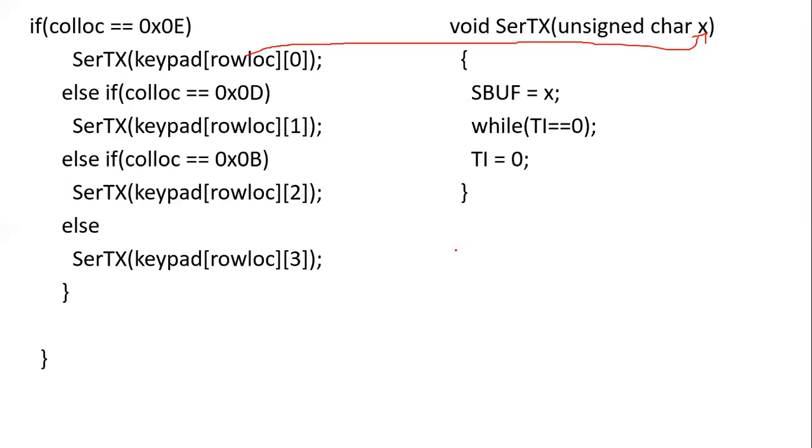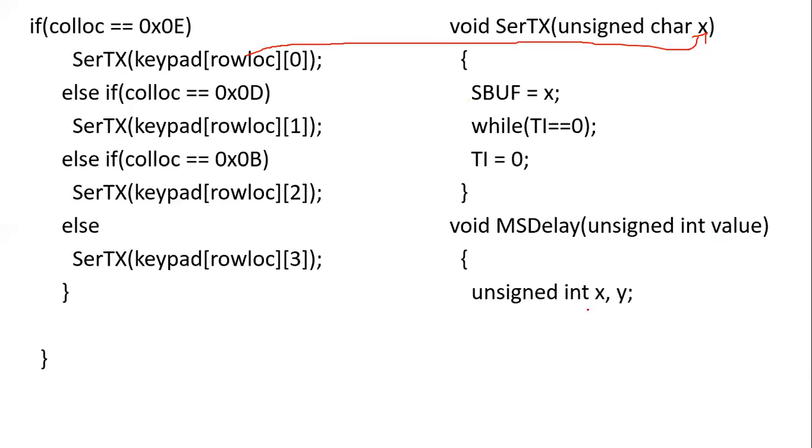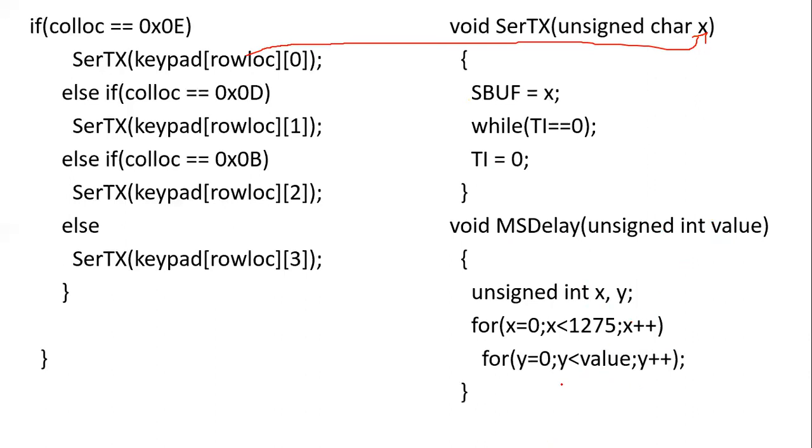Then one more subroutine we have used. What is the subroutine? Yes, very good. That is a delay generation subroutine. In the delay generation subroutine, we have named the subroutine MSdelay, and it takes a value of integer data type, which we take here. We used two more local variables here, x and y, and based on the value, the delay will be generated.